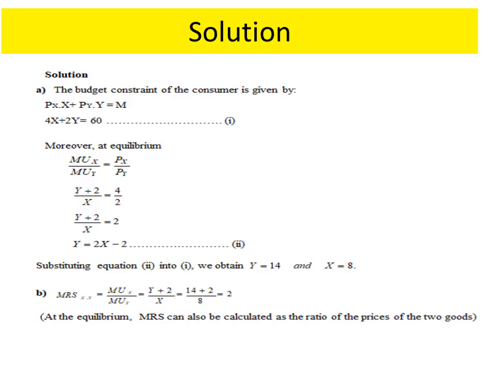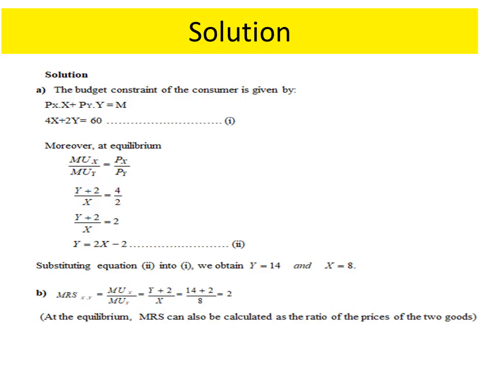The marginal rate of substitution of X for Y, or the slope of the indifference curve, equals the marginal utility of X over the marginal utility of Y, which is (Y + 2)/X. With Y equal to 14 and X equal to 8, that is (14 + 2)/8 = 16/8, which becomes 2.